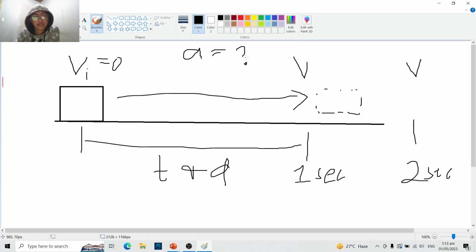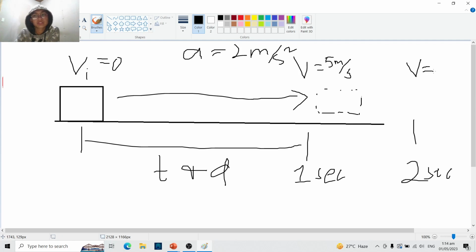Let's say in my example the acceleration is 2 meters per second squared.